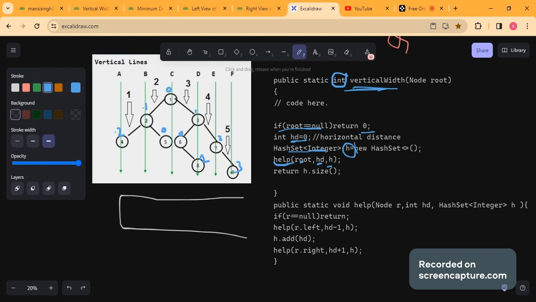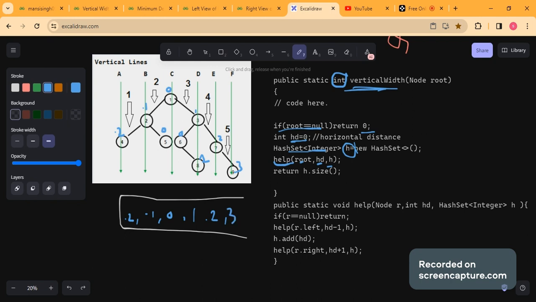Why am I saying this? Because suppose I am able to store all the unique indexes in this hash set, it would contain basically minus 2, minus 1, 0. Although there are three zeros, we know that it only stores the unique value. So it would be 1, 2, and 3.